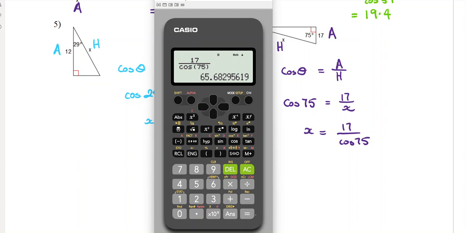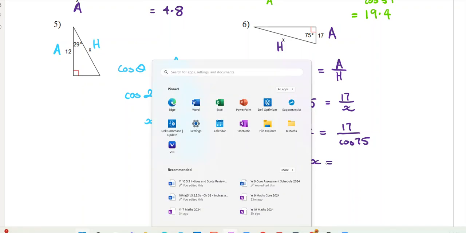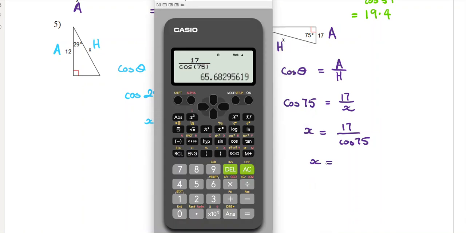Go back arrow and close the bracket in your fraction. Yep, and then close the bracket after that 75. It does it every time you press the sine, cos or tan button, it will open a bracket. You got it?